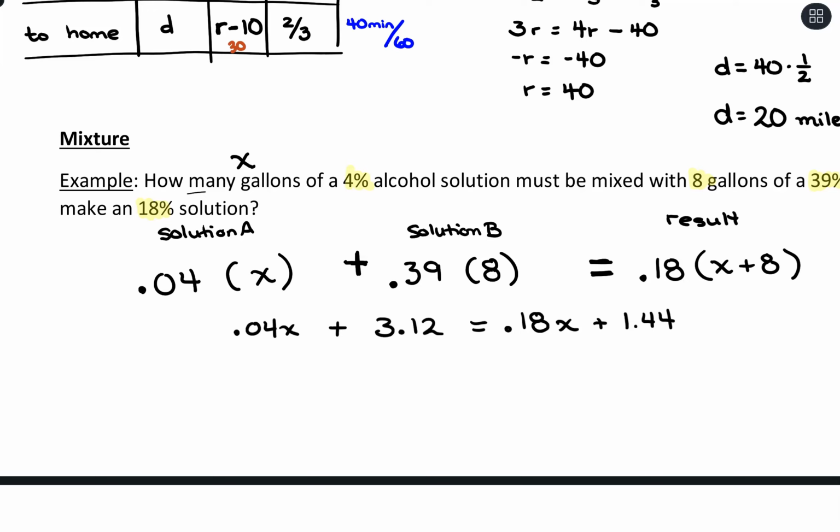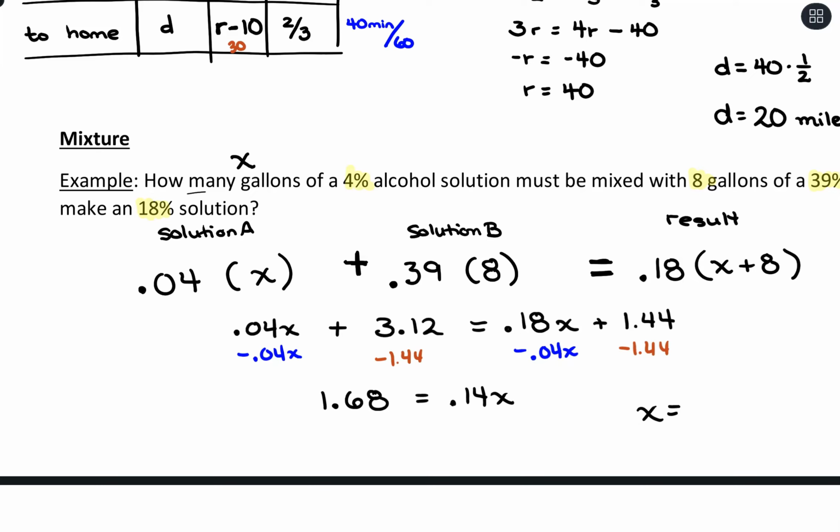Let's go ahead and get everything with x on one side. So I'm going to subtract 0.04x from both sides. I'll also subtract that 1.44 from both sides. So let's see, 3.12 minus 1.44 is a 1.68. Equals 0.18 minus 0.04, so 0.14x.